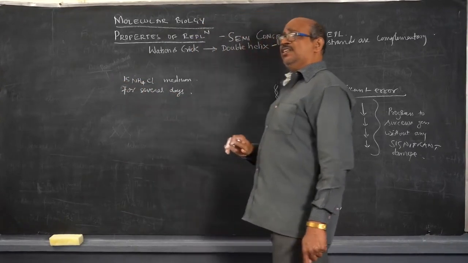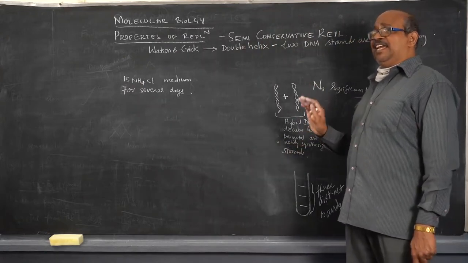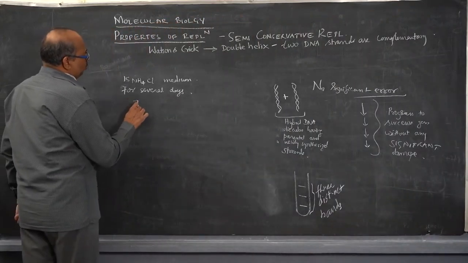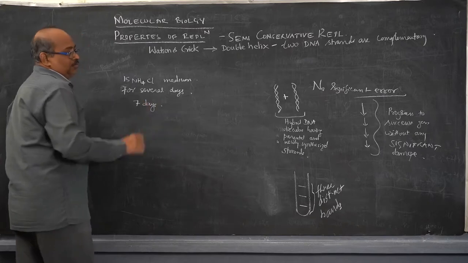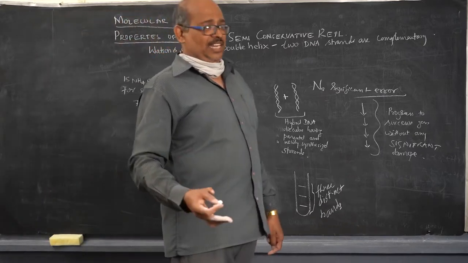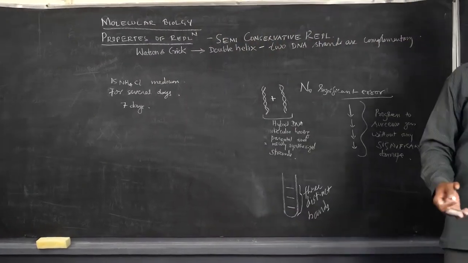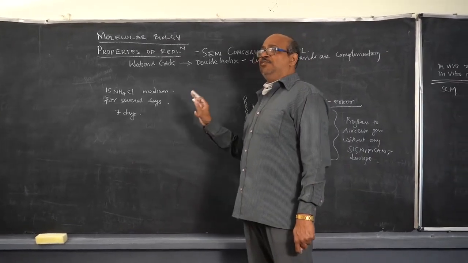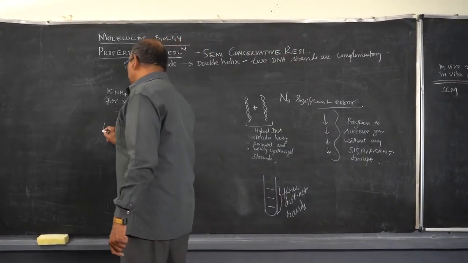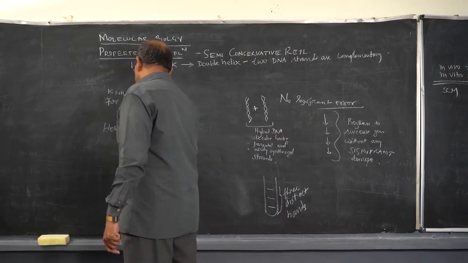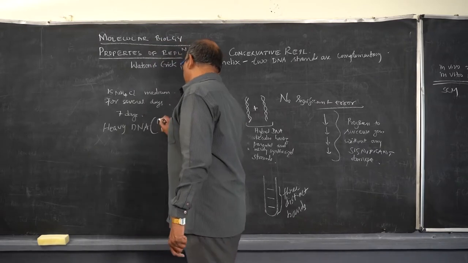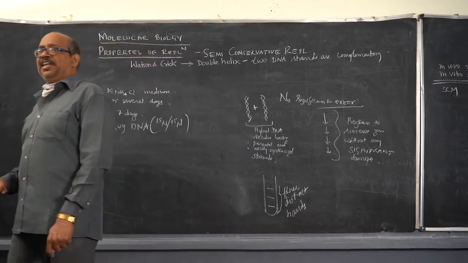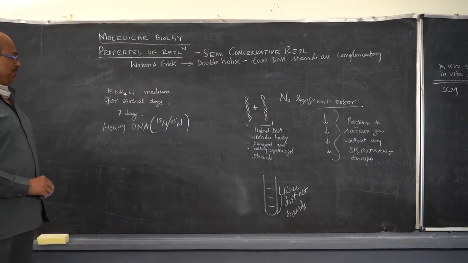So every nucleotide that is synthesized in these bacteria will get N15 or heavy nitrogen. You can take about 1 week. In 1 week you get plenty of generations, and in the last generation, whatever you are considering for the experiment, we have only nitrogen with N15. That means all the bacterial cells here will have only heavy DNA. We can write it as N15/N15, indicating both the strands of the DNA are made up of heavy nitrogen.